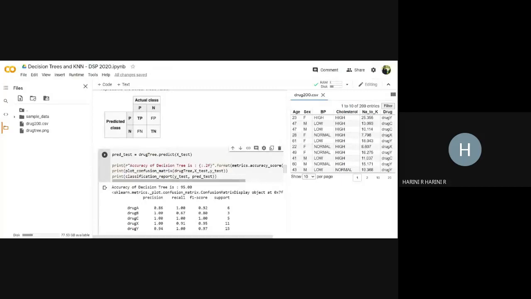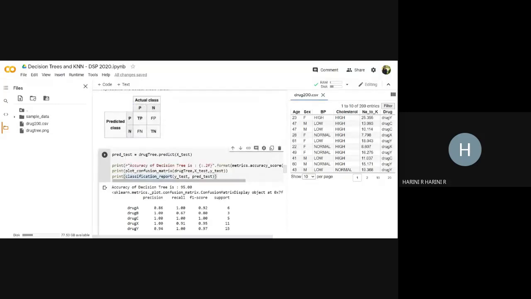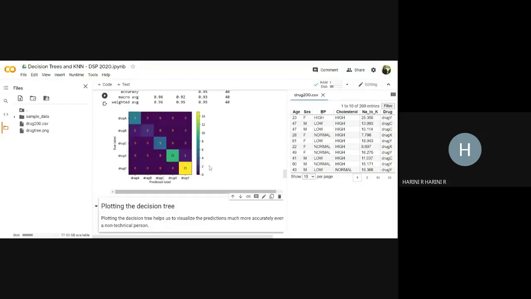To give us more insights, like the precision, recall and all that, we are going to use this classification report function. This is also an inbuilt function in the scikit-learn library, and also the plot confusion matrix. I'll explain that. So let's run this cell.